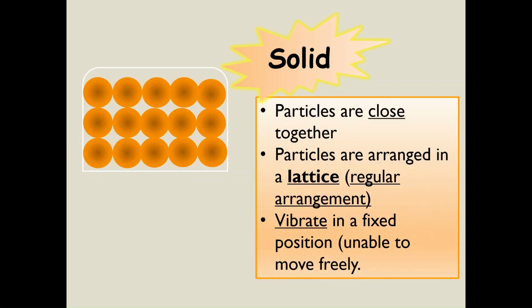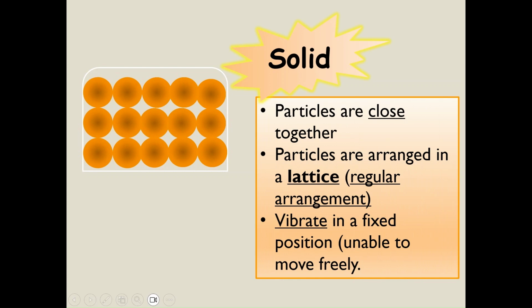So we can describe a solid according to the particle theory: particles of solids are very close together, so we have very, very small intermolecular spaces. Particles are arranged in what is called a lattice, which is a regular arrangement, and they don't move but vibrate in a fixed position.